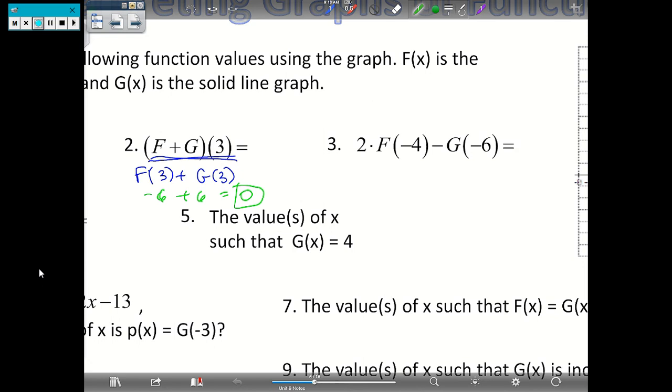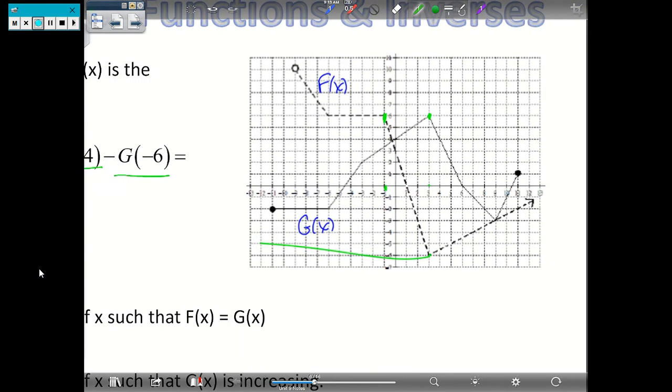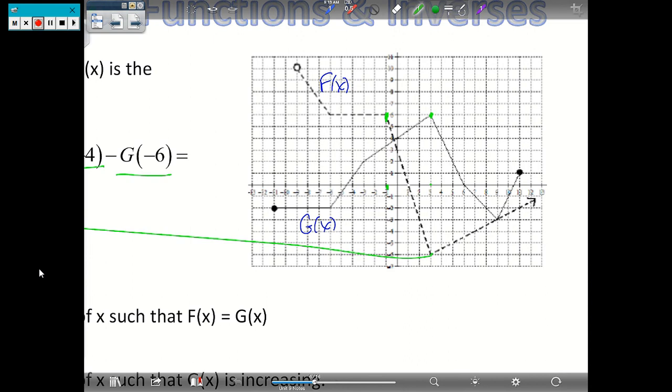Okay, so these are just values. On number 3, we're going to multiply 2 times f of -4, and then subtract g of -6. So we go over here, find f of -4, which would be right here. Then we find g of -6, which would be right here, and we just use those y values.